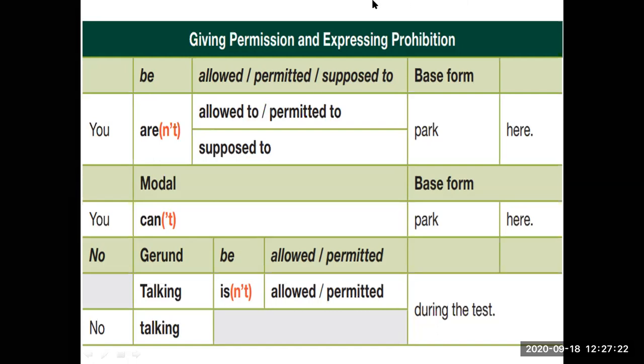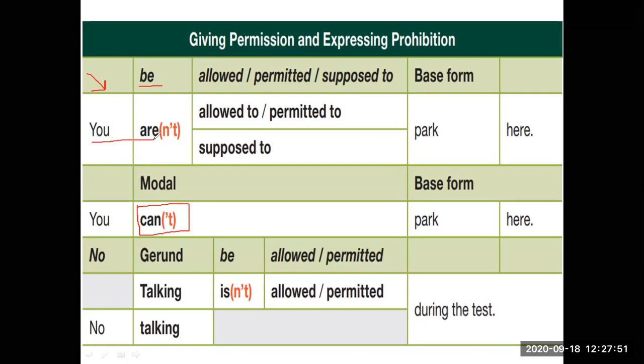As you see here, we are using the verb to be, and also the modal can't. In the first part, where we have the verb to be, this is the structure of these sentences when you are giving permission or expressing prohibition.